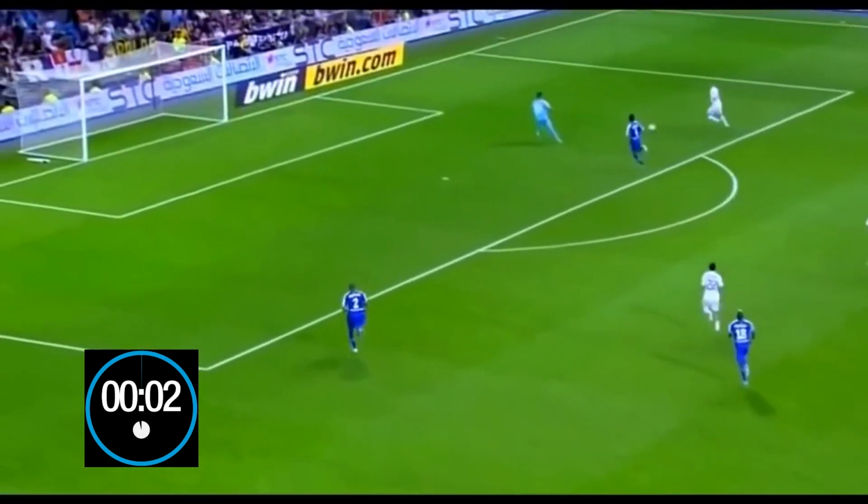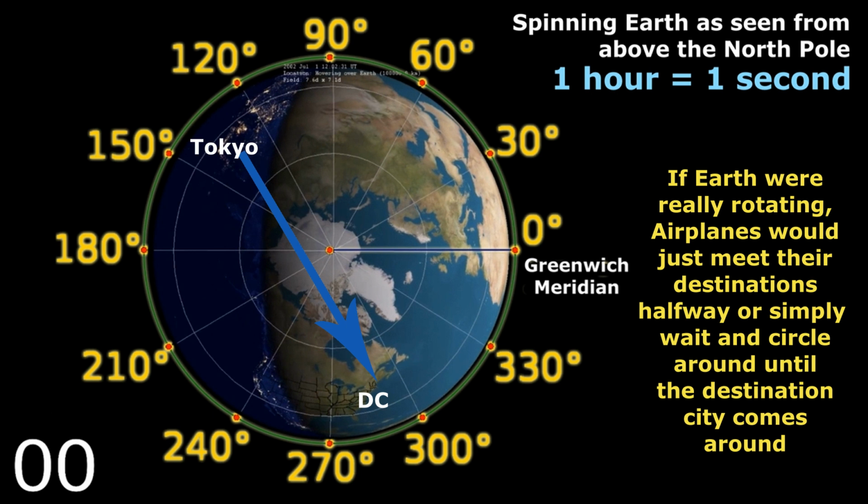So if airplanes were really flying around a rotating Earth, they should calculate their flights towards where the city will be, as for example this flight from Tokyo to Washington DC.